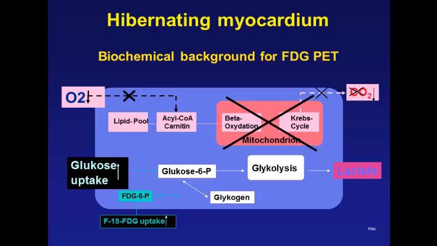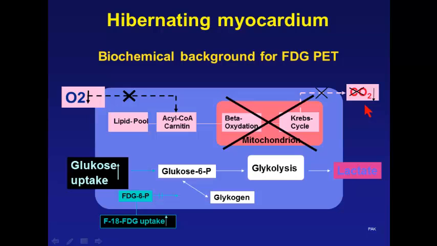Now, how is PET working in these patients? That's a symbolized cell. Usually the energy in myocytes is obtained by getting oxygen and using it in the beta oxidation in the mitochondria and producing then energy plus CO2.